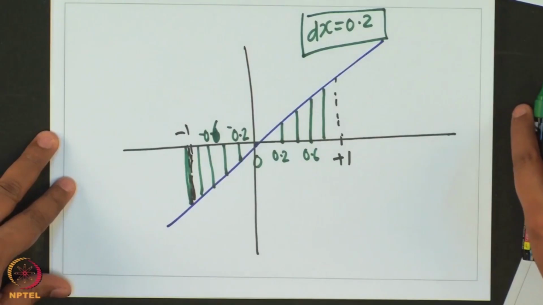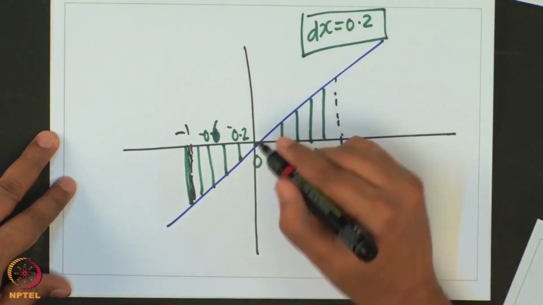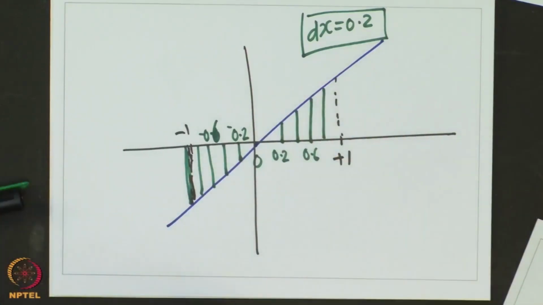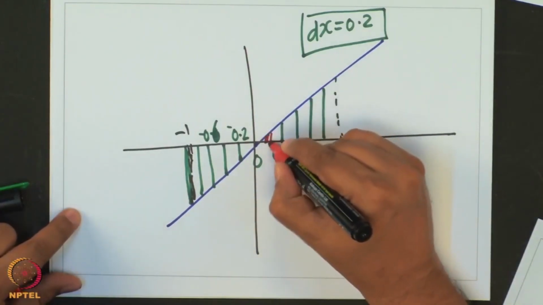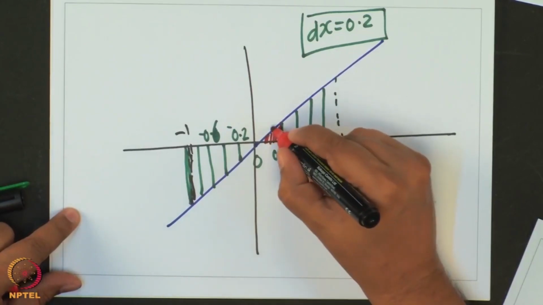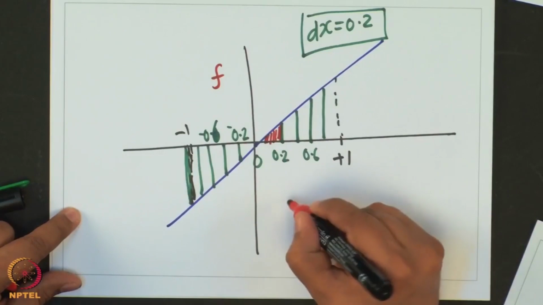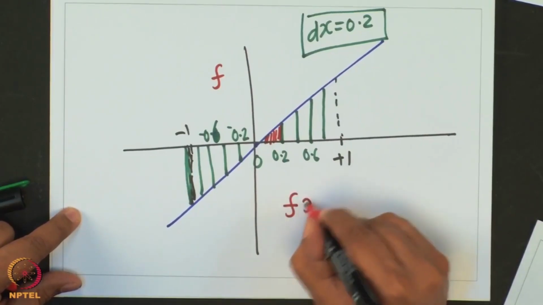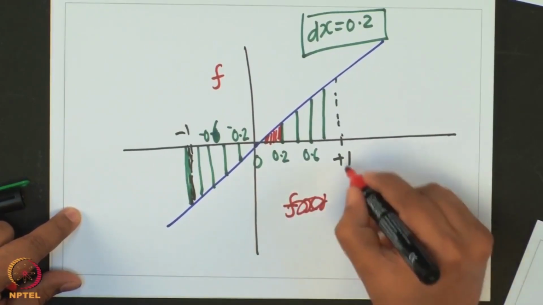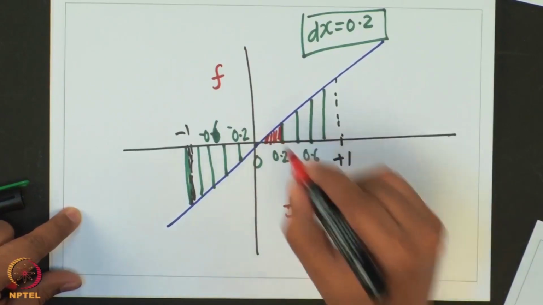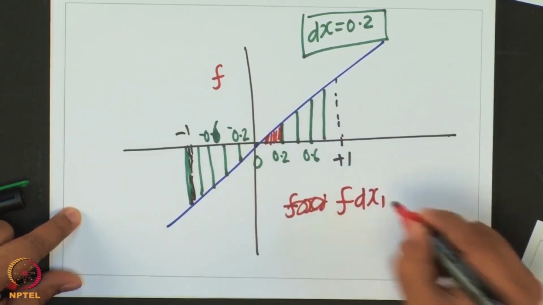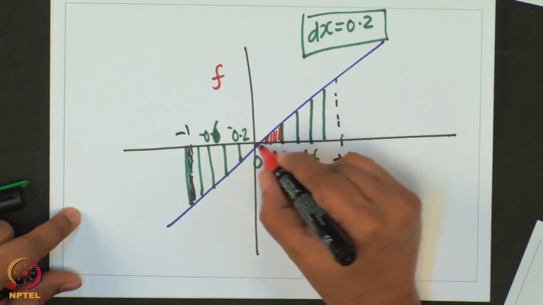Now let us calculate this area first. What we want is the y value, the function value, times this interval. We want the function, which is a positive number, times dx1, the first interval, which is 0.2.